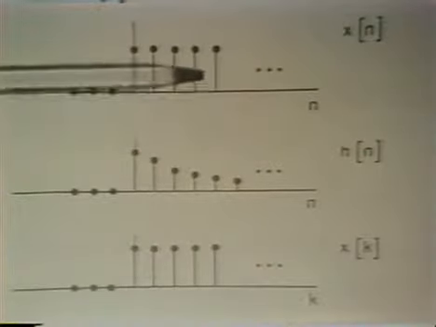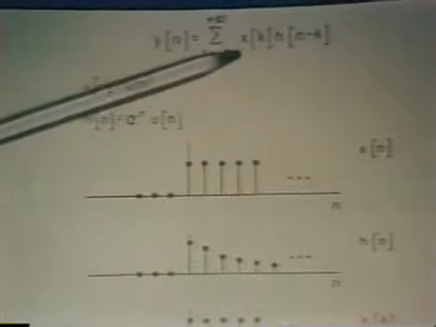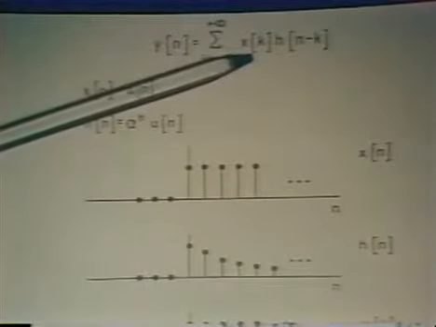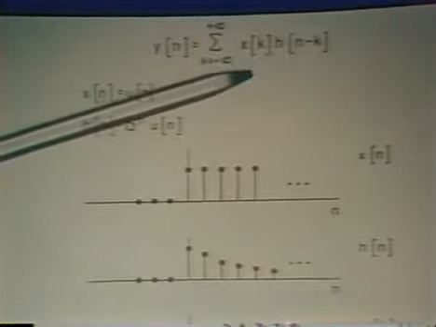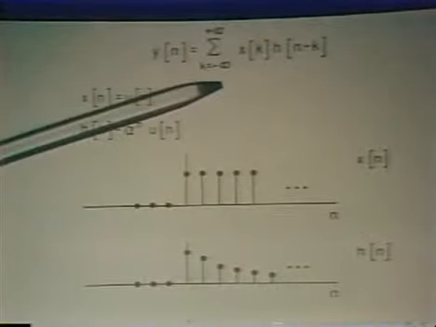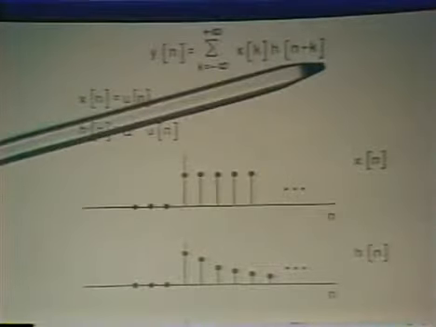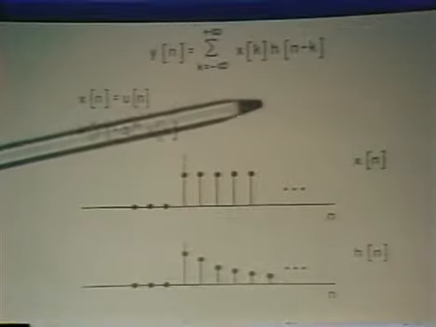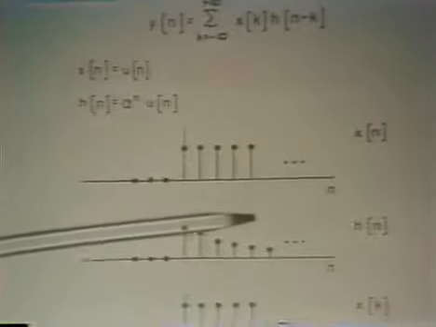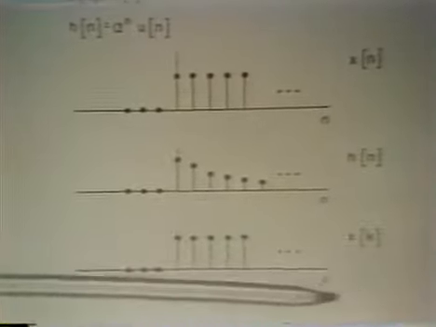But now let's look back at the equation, and let me stress that what we want is not x of n and h of n. We want x of k, because we're going to sum over k, and not h of k, but h of n minus k. So from x of n, it's straightforward to generate x of k.